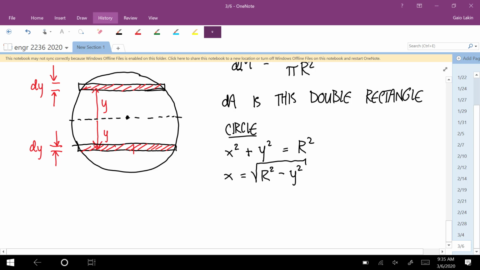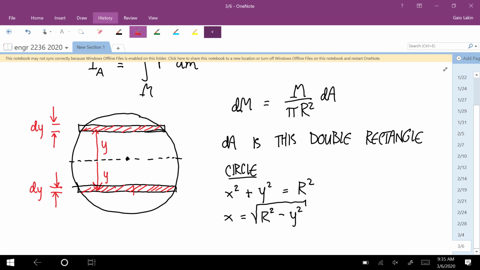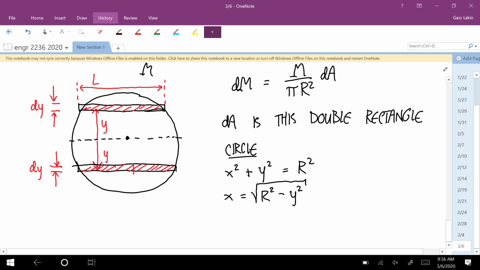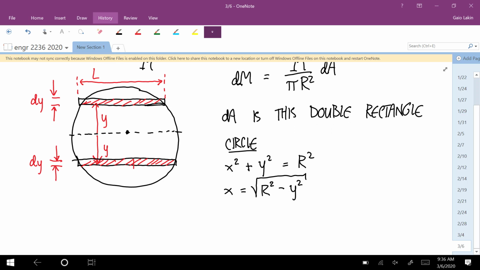And so the length of this, if I call this length L, the length of one of those rectangles is equal to, so what we have here is, for a given y value, the x position of this end, okay?